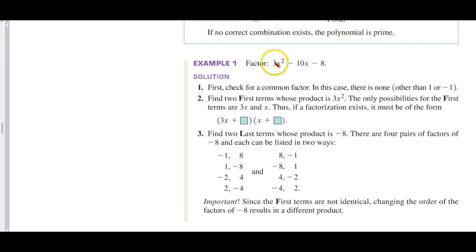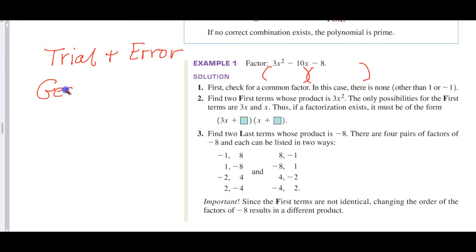So again, is it in standard form? Yes. Is there any common factor you can factor out? No. So in undoing the FOIL, you're going to put two sets of parentheses. By the way, this method is referred to as trial and error, or guess and check.